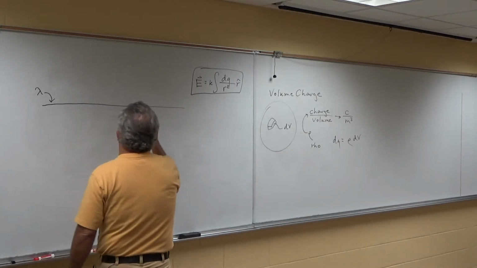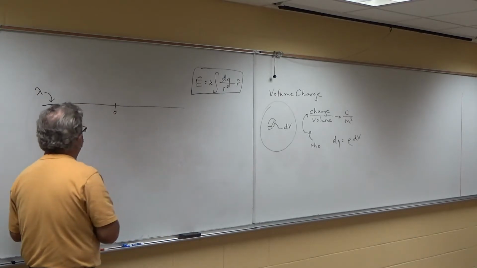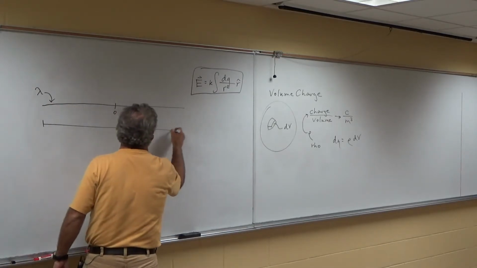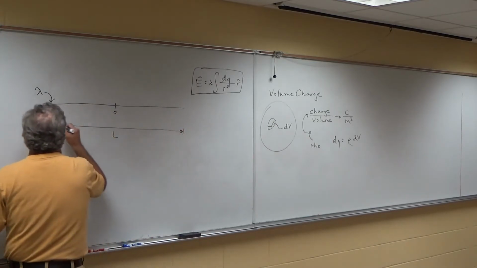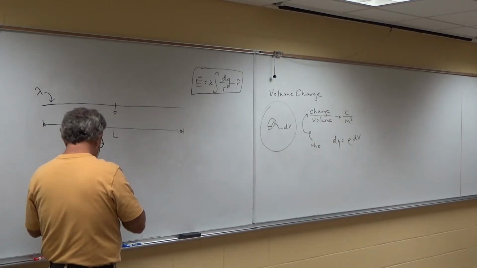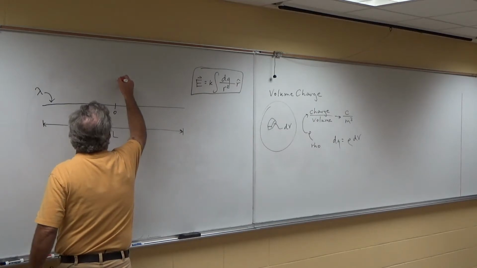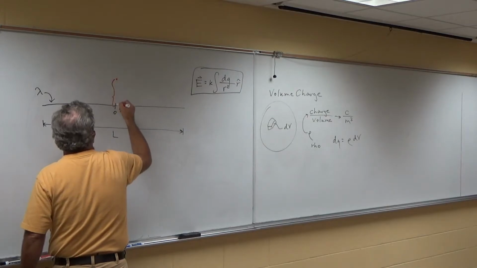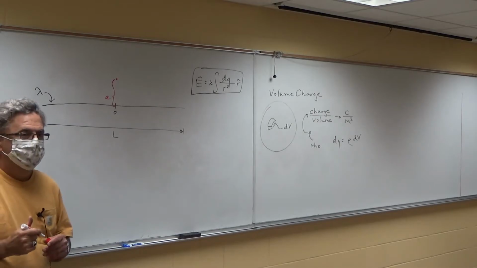I'm going to put the origin right here at the center of this line of charge. This has length big L. And I want to calculate the electric field at a point up here directly above the origin at a distance A. That's the setup.